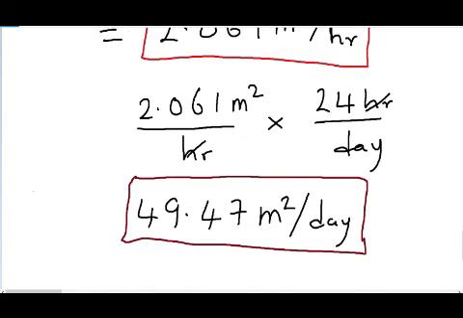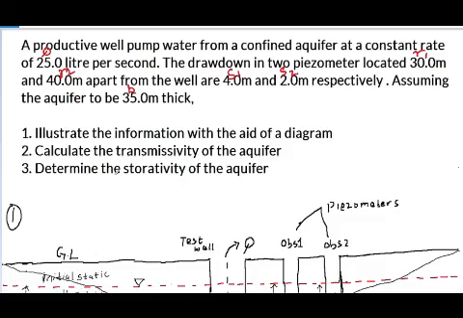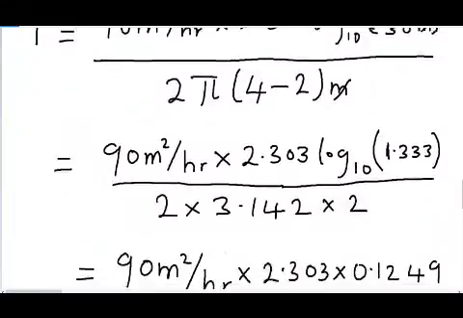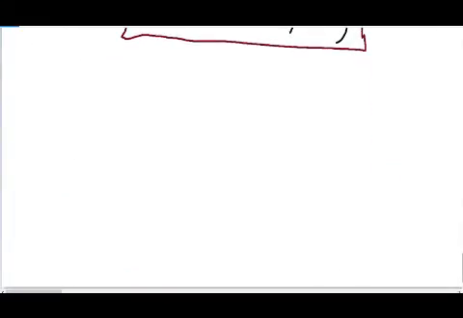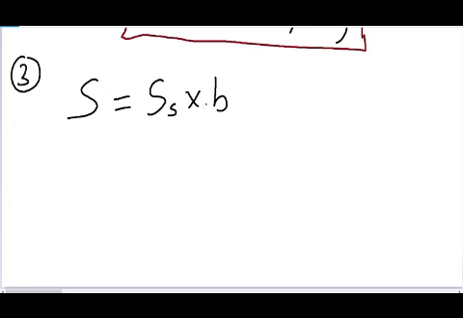Next, we're going to determine the storativity of the aquifer. So question number 3. The storativity of an aquifer can be determined by multiplying the specific storage, which is S subscript s, by the thickness of the aquifer. However, we are not given the value for specific storage in the equation. So how are we going to find the storativity?